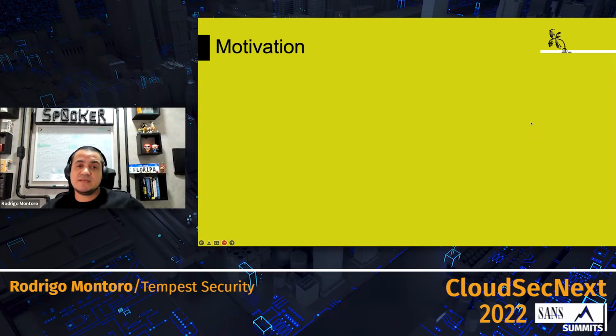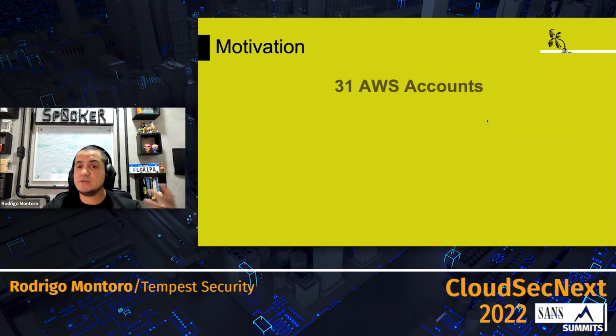The motivation here, as I mentioned, is that we have our cloud environment and you need to try to fix the problems. When you are using the cloud, we have a bunch of problems. First, we have multiple accounts, so a tool that just runs standalone is not going to fit very well.